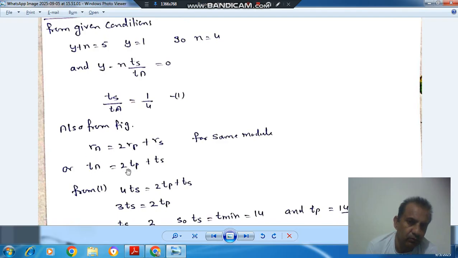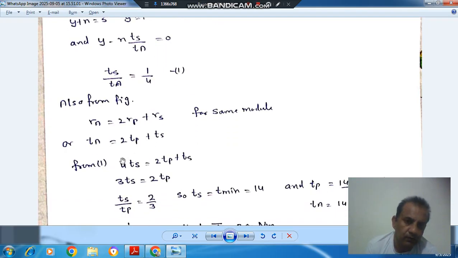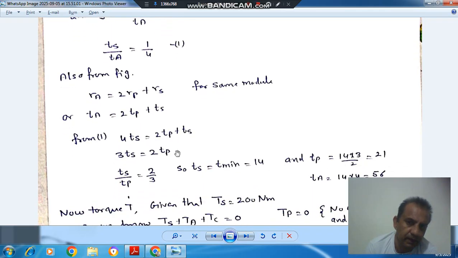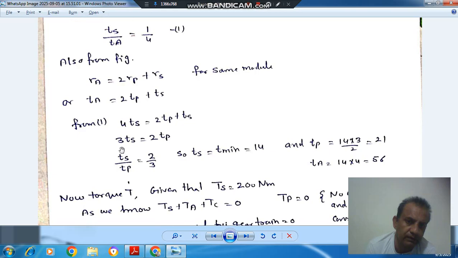So TA is equal to 2TP plus TS. Now from equation 1 we have TA is equal to 4TS, so we put TA equal to 4TS: 4TS is equal to 2TP plus TS, or we can say 3TS is equal to 2TP, or TS by TP is equal to 3 by 2.